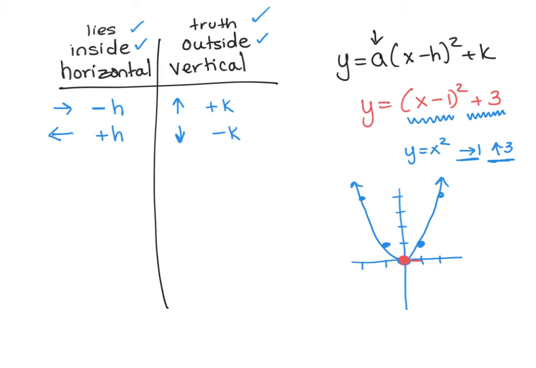Okay, I also had a point at (negative 1, 1). I'm going to move it right one space. Oops, I made a mistake. Did you see it? I only moved them up one space. That wasn't right. I'm supposed to move them right one space and up 1, 2, 3 spaces. That's my new vertex.